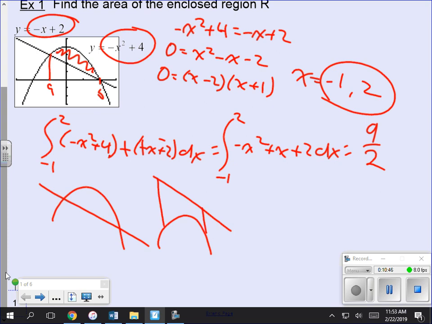We'll have a problem like that coming up. Still find the area between the two curves, but I'm given the bounds, which means I've got to figure out which one's the upper one, which one's the lower one at that point. In which case I do plug a number in between the two bounds and figure it out. Okay. Questions on this?